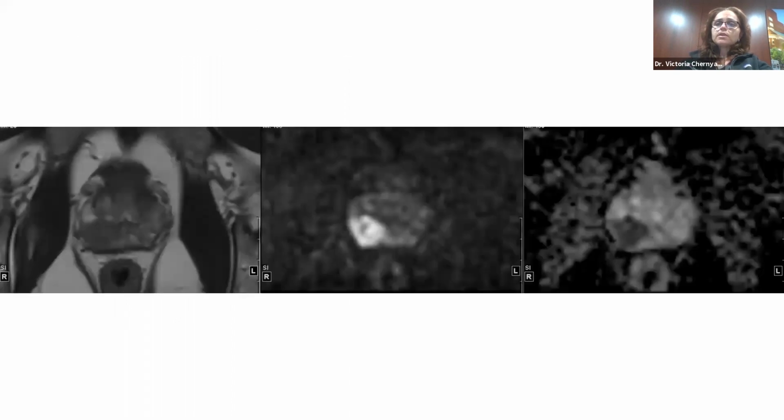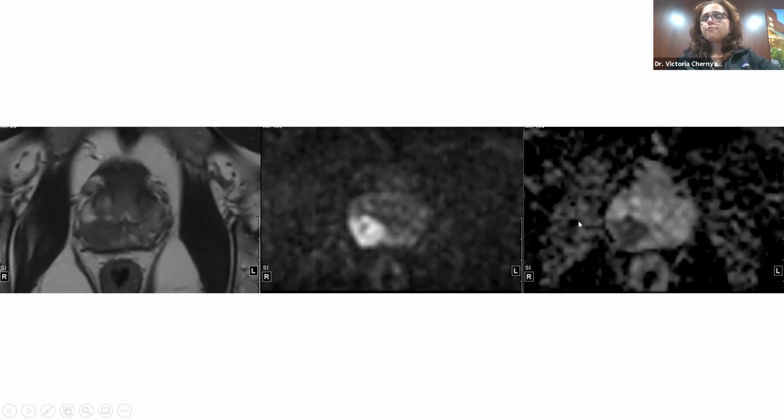For example, this is a patient with a prostate. You can see that there's a blob of dark signal on T2 in the periphery of the prostate and also in the center. And when we do the diffusion weighted sequence, these two images are part of the diffusion weighted sequence, you can see that this blob has very bright signal on one part of diffusion and very dark signal on another part, the ADC map so-called.